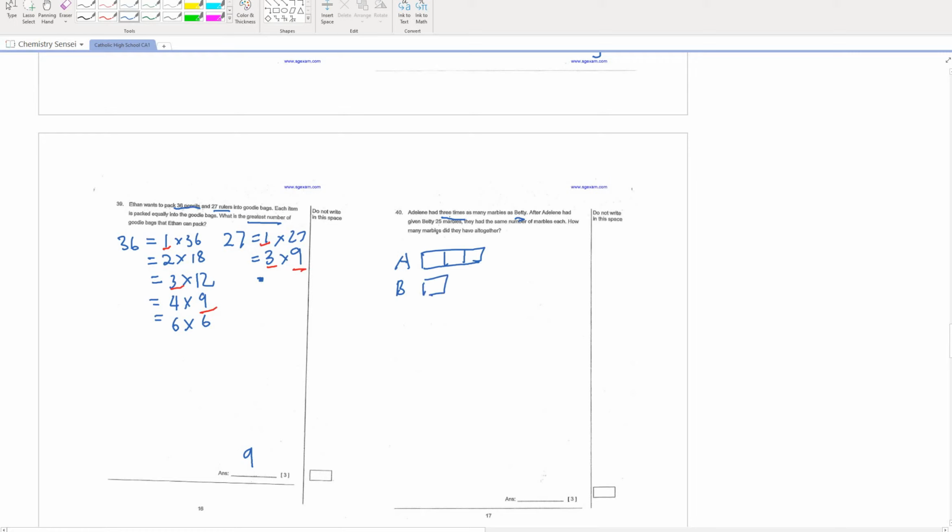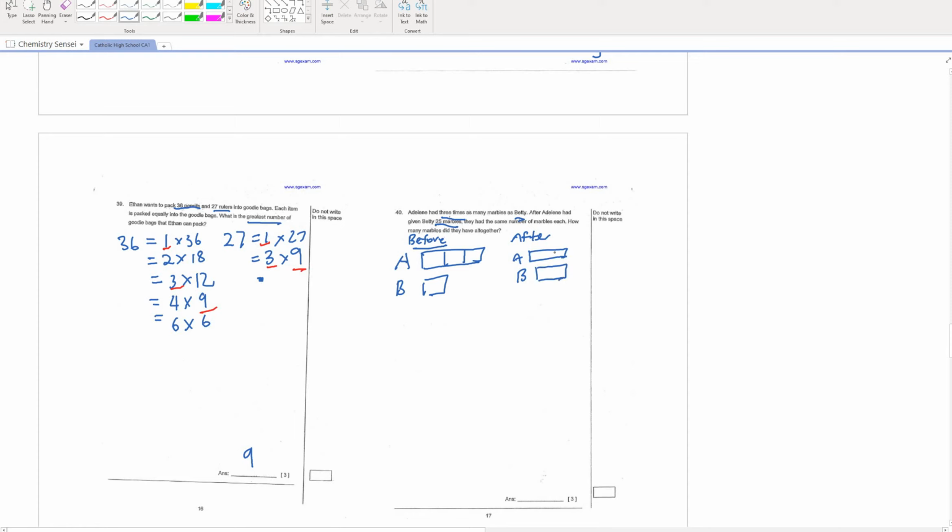After Adeline had given Betty 25 marbles, they had the same number of marbles each. So this is before. Let's take a look at after. After Adeline had given Betty 25, they have the same number of marbles.